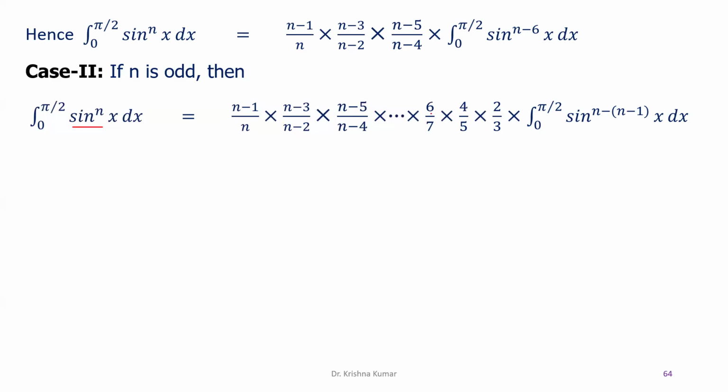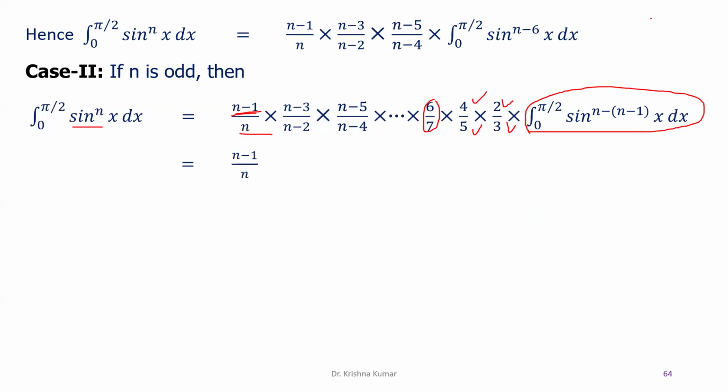Let us see here, suppose we put n equal to 7, so 7 minus 1 is 6 upon 7. Suppose n is equal to 5, then 5 minus 1 is 4, 4 upon 5. If n equal to 3, then 3 minus 1 is 2, 2 upon 3. And the last term will be what? It is the n minus 1 term.